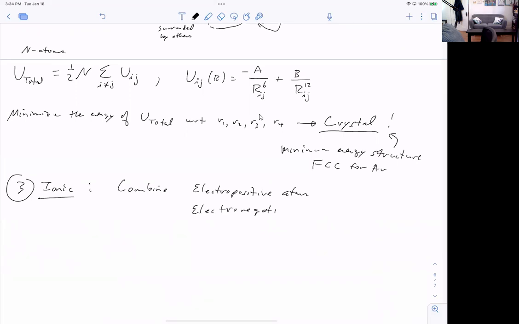Electropositive atoms have a low ionization potential, and electronegative atoms have a high electron affinity.